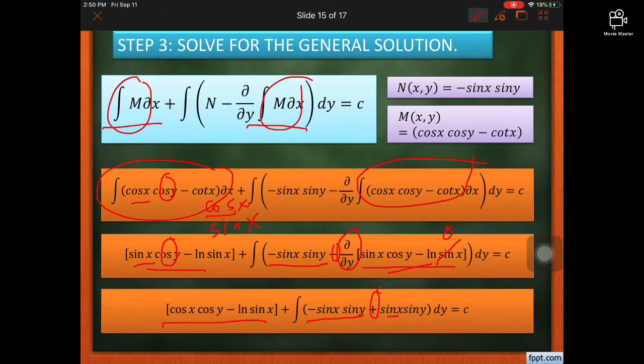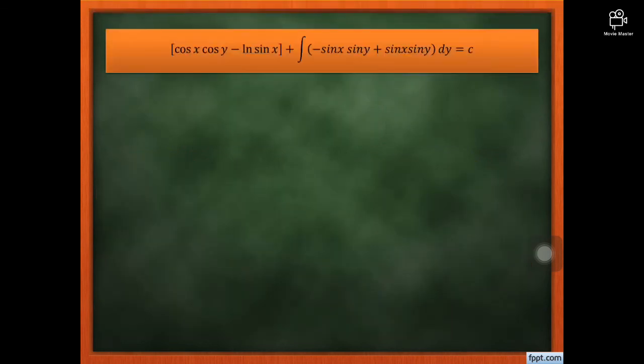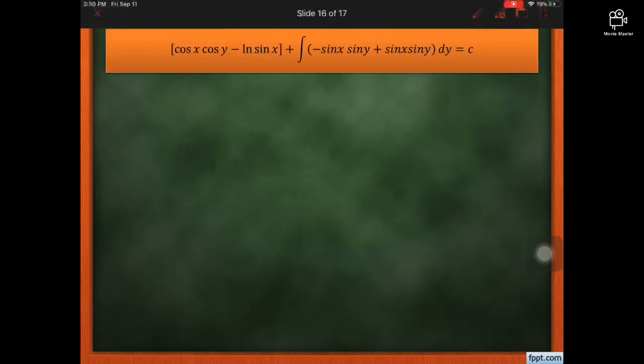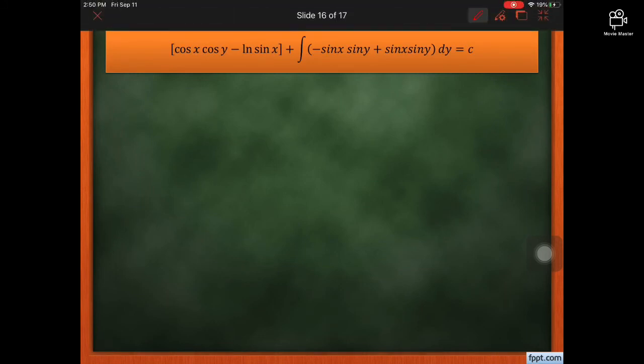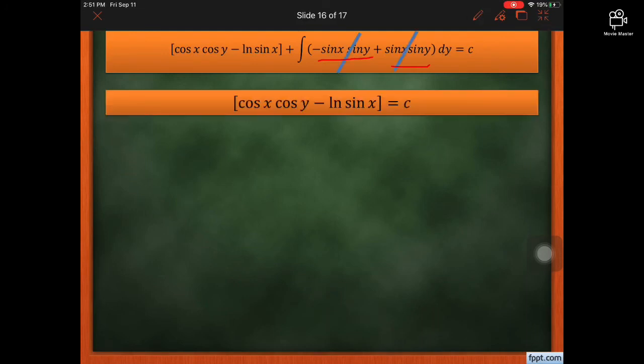So we may now proceed to the last part. Observe, you have negative sine x sine y plus sine x sine y, that gives you 0.